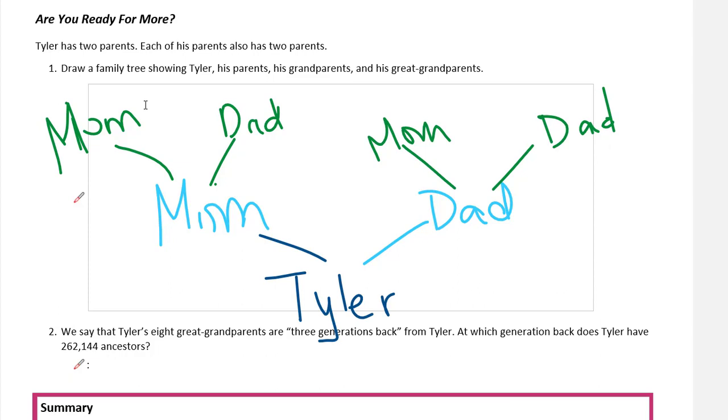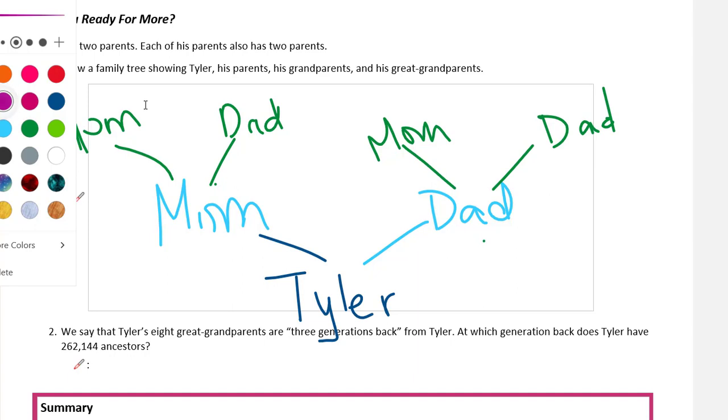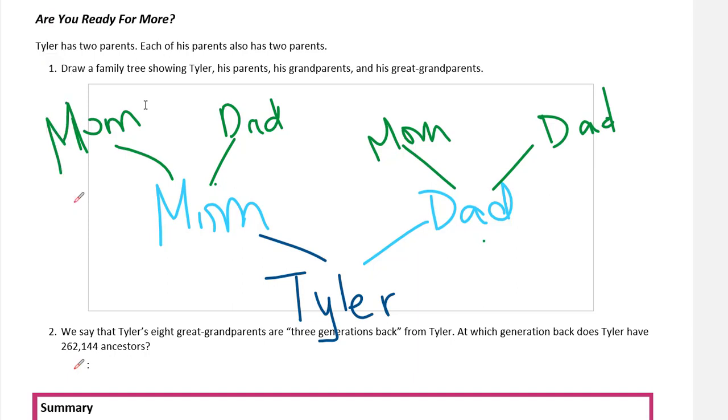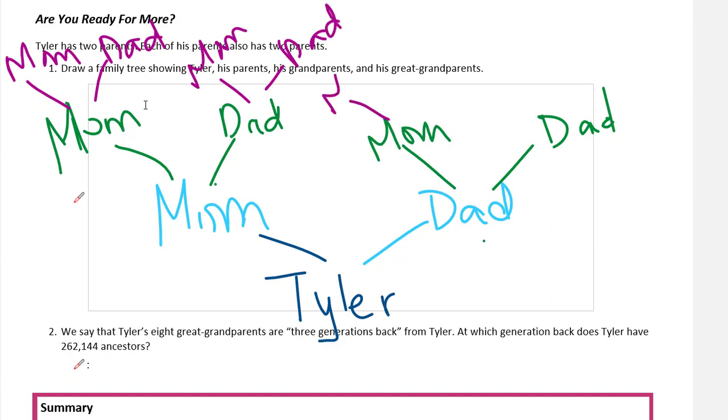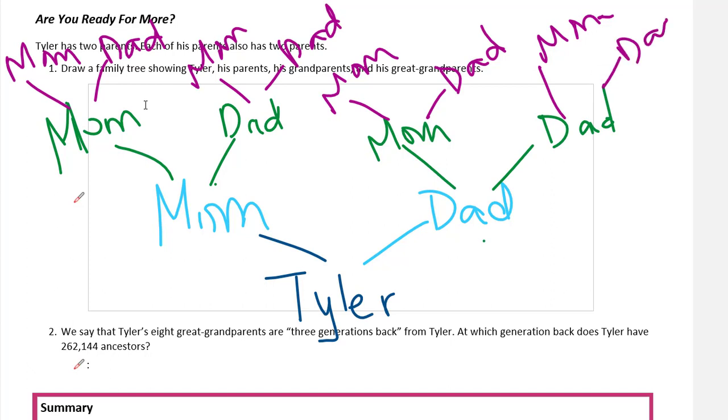So right here, the light blue is Tyler's parents, and the green is Tyler's grandparents. So if we go back one more generation, each of these had a mom and a dad. Mom, dad, mom, dad, mom, dad.